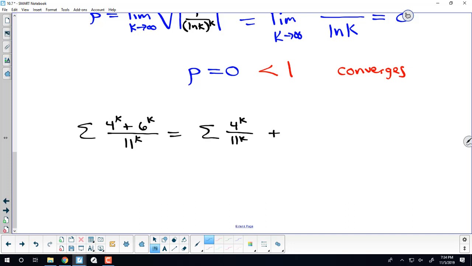Like this, plus this series, whatever it is. Now we could use the root test to take care of these kth powers here. So we would just take the kth root of 4 to the k over 11 to the k. Much easier of a process than having to integrate that stuff.